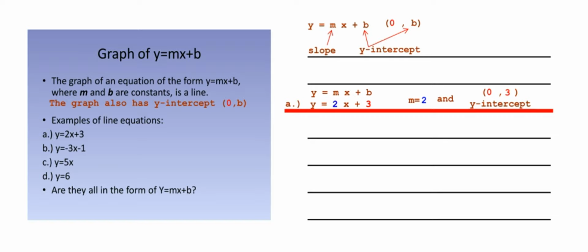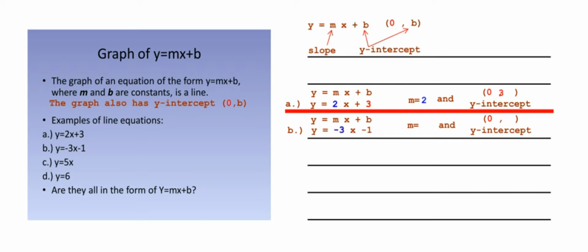So let's go for the next one then. And let's rewrite y equals mx plus b right above it, that way it makes it easier to visualize. B, y equals negative 3x minus 1. So our slope, m equals, and our y-intercept equals, what are our y-intercept and slope?